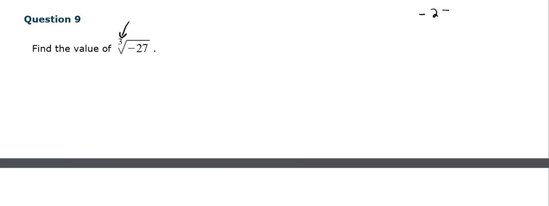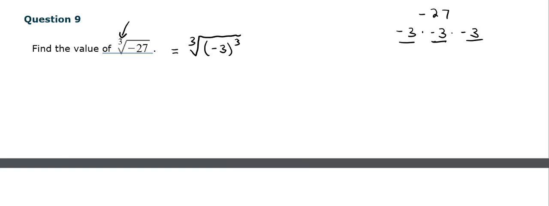Negative 27 can be rewritten as negative 3 times negative 3 times negative 3. So underneath the radical, I have the cube root of negative 3 to the third power, because I have 1, 2, 3.